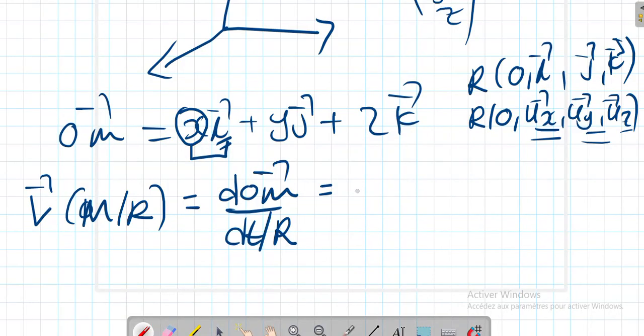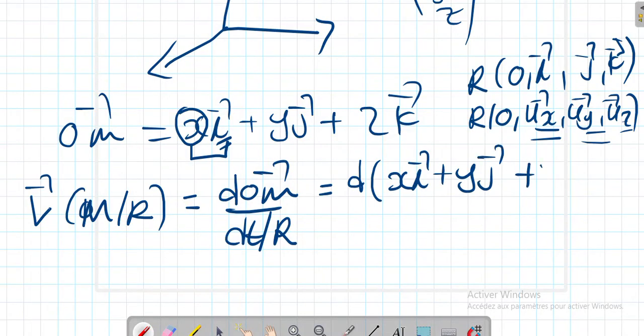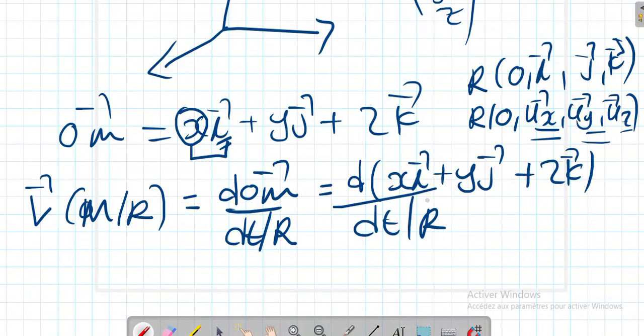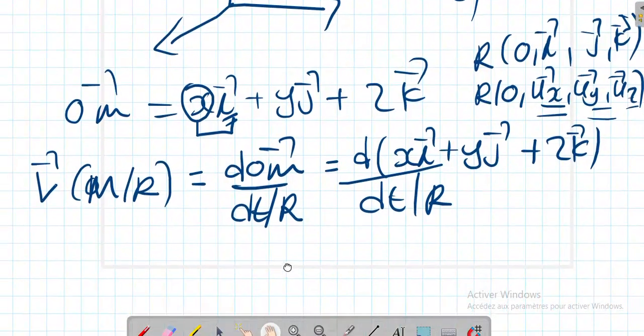So here, first let me put the derivative of everything: xE plus yG plus zK, with respect to time. This is mécanique du point now. Then in R, we simply mean E, G, and K are constant. R represents the reference system, which is the Cartesian that we are using here.